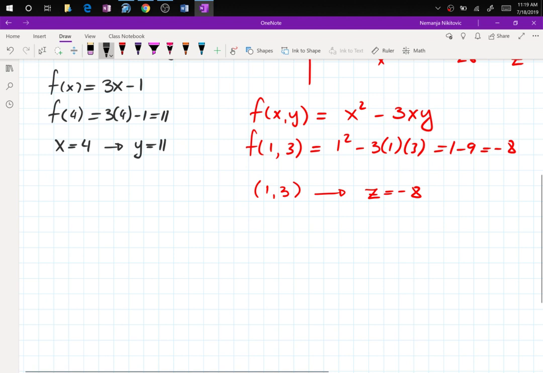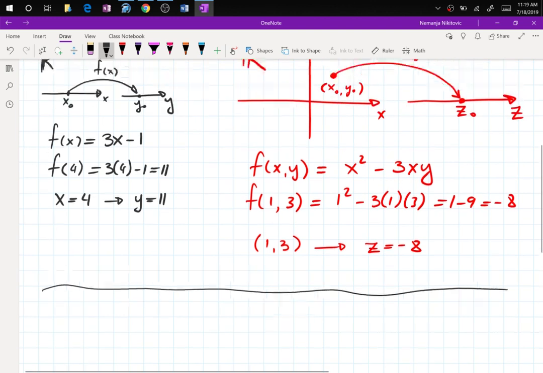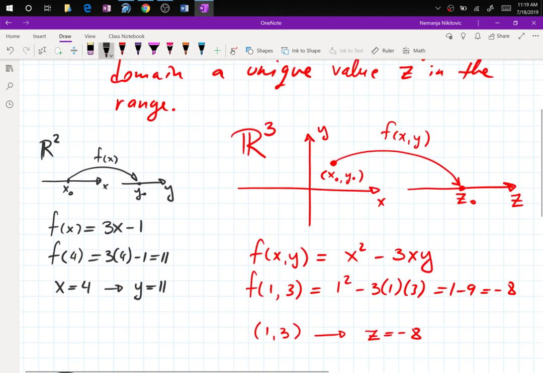So you see that the function works exactly the same as all of the functions you know from your Calculus 1 and before, except now you just have to be careful to plug x for x and y for y. And it will be trickier to find the domain, because now the domain is not just an interval like it used to be in R2.